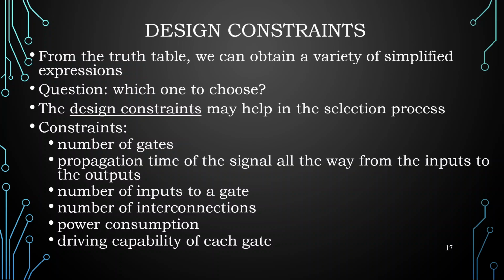Say you have constraints on the number of gates, the amount of time it takes, the number of inputs you are supposed to have, the number of interconnections, power consumption optimization, or the driving capability of each gate. Based on these requirements, we choose one out of the possible solutions which meets your design constraints.